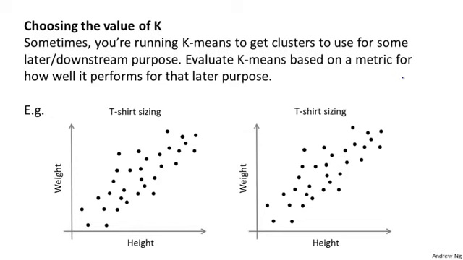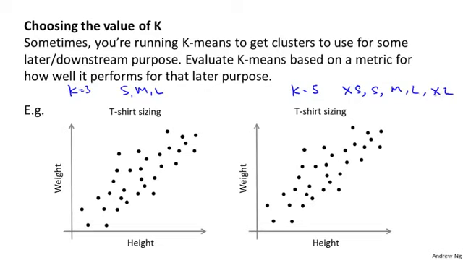Let me step through a specific example. Let's say we go through the t-shirt sizing example again, and I'm trying to decide, do I want 3 t-shirt sizes? So if I choose k equals 3, then I might have small, medium, and large t-shirts. Or maybe I want to choose k equals 5, and then I might have extra small, small, medium, large, and extra large t-shirt sizes.